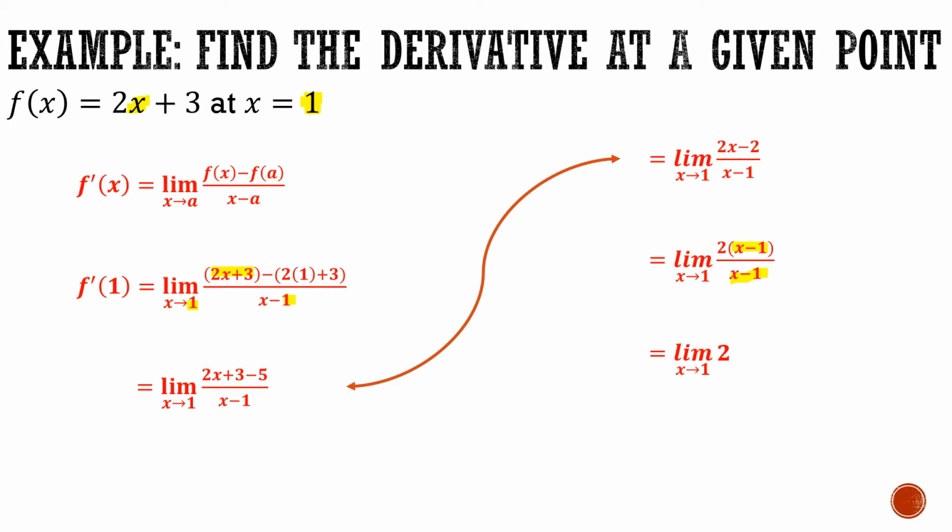From last unit, you learned that the limit of a constant is that constant. So the limit as x approaches 1 of 2 is simply 2. In other words, the derivative at that point, or the slope of the tangent line at x equals 1, is 2.